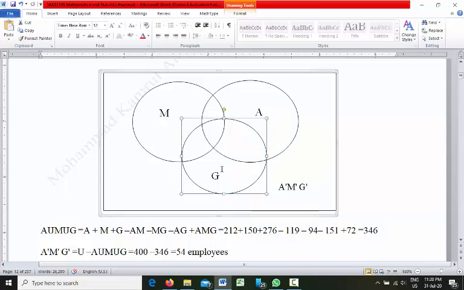The total area covered by these three circles is A union M union G. We want to find A prime, M prime, G prime, which is the outside portion of the circles.